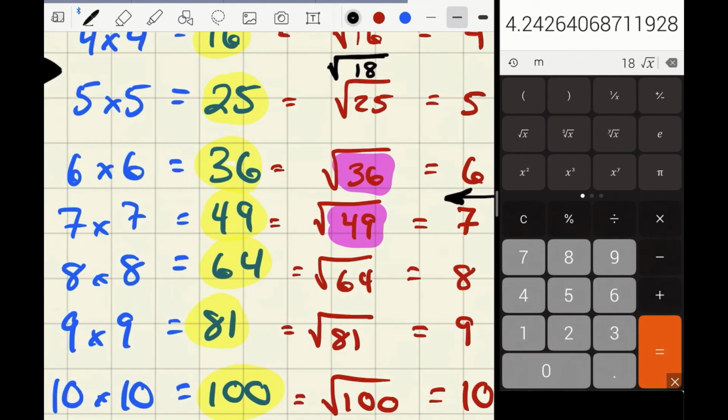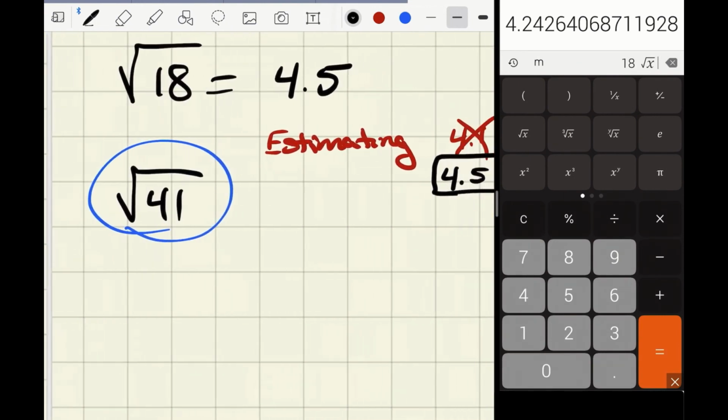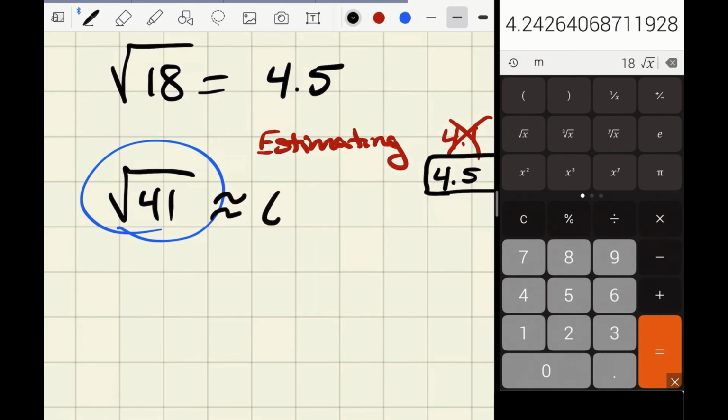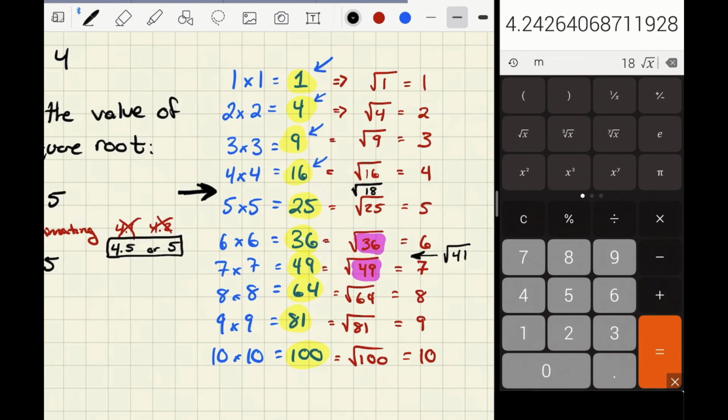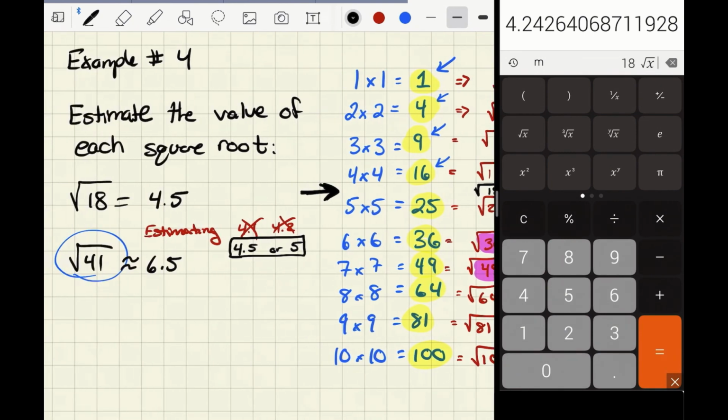So we could say that it should be approximately equal to 6.5. So halfway between 6 and 7. If we plug 41 in and we take the square root, we'll get 6.4. So that is a good approximation. So 6.5 is an excellent estimate, okay, keyword here, estimate, for the square root of 41.